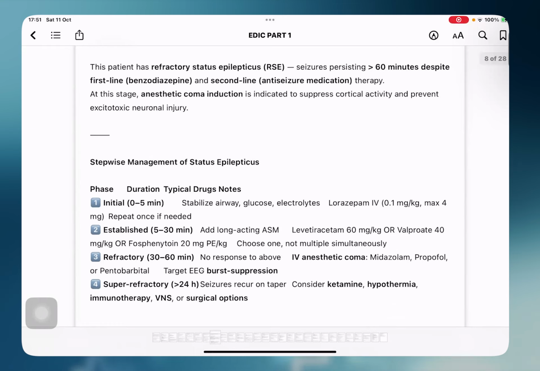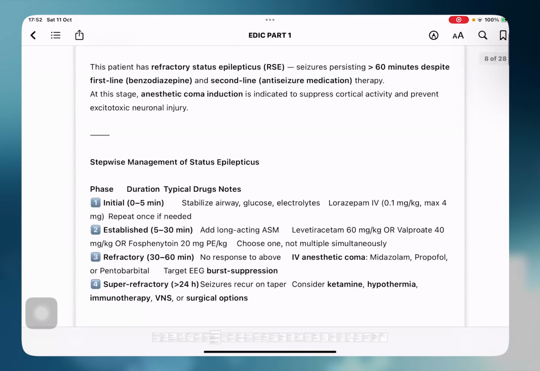That means the status epilepticus has now established itself, within 5 to 30 minutes. Add a long acting anti-seizure medication, for example, levetiracetam 60 mg per kg, or valproate 40, or fosphenytoin. Choose one drug, not multiple simultaneously, because you will not know which drug has helped.